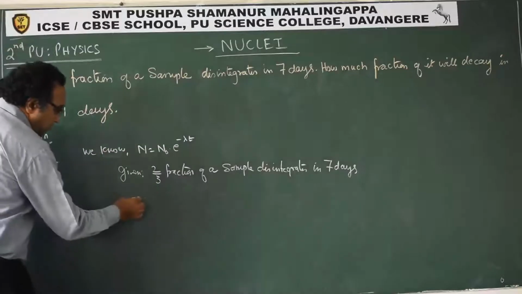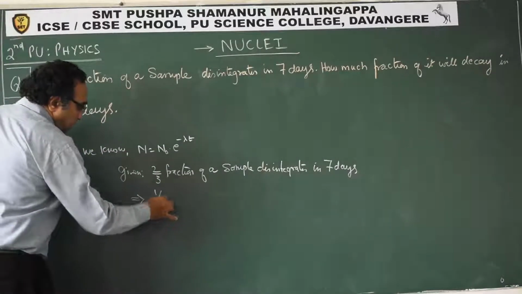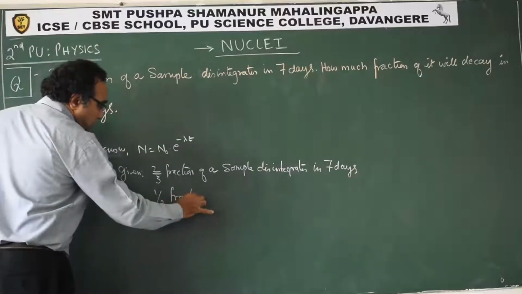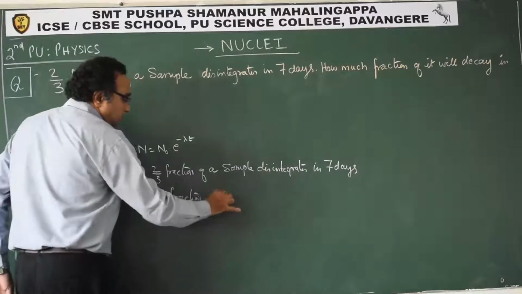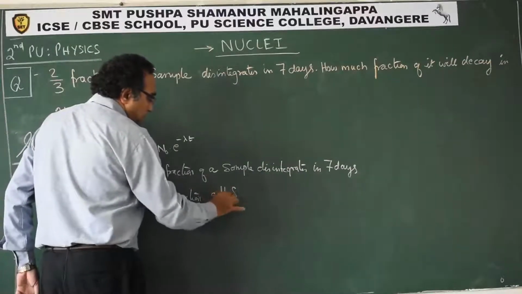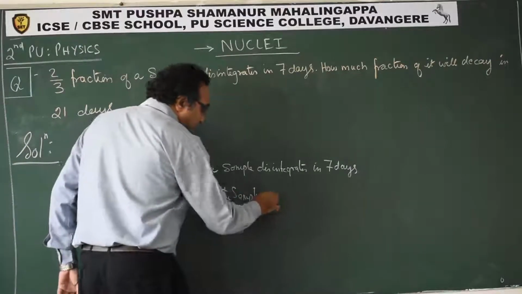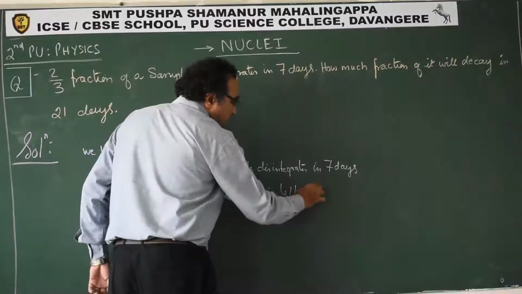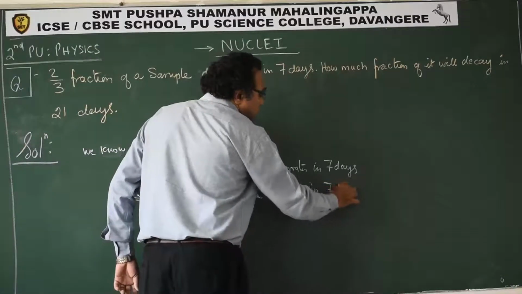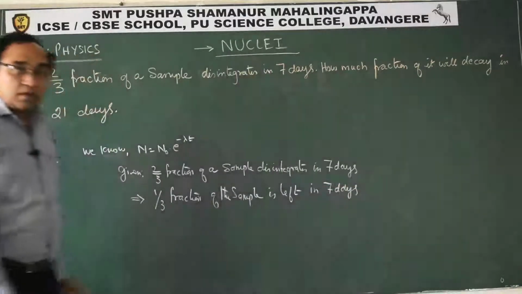This means 1/3 fraction of the sample is left in 7 days. How much is left out?